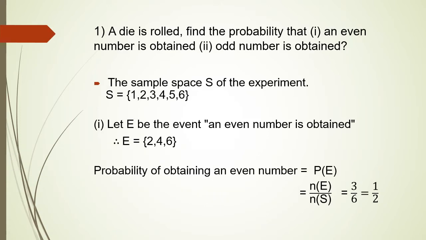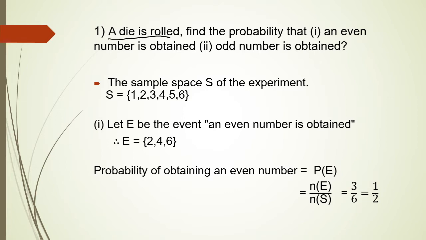The first example: a die is rolled. Find the probability that first, an even number is obtained, and second, an odd number is obtained. The experiment here is that a dice is rolled.